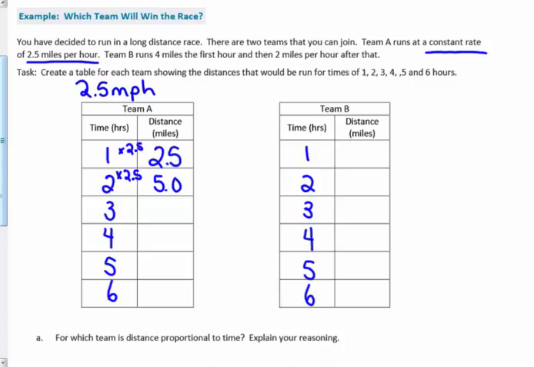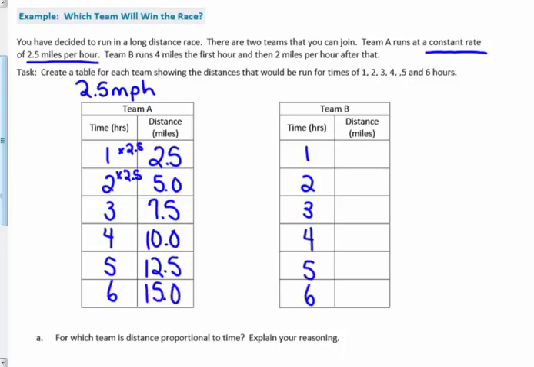3 hours times that 2.5 miles per hour will give you 7 5/10. 4 times 2.5 will give you 10 miles and no tenths. 5 times 2.5 miles per hour, that constant rate, would give you 12 1/2, or 12 5/10 miles. 6 times 2.5 would give me 15 miles.